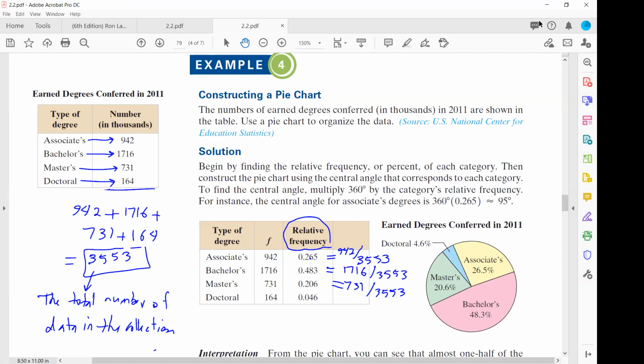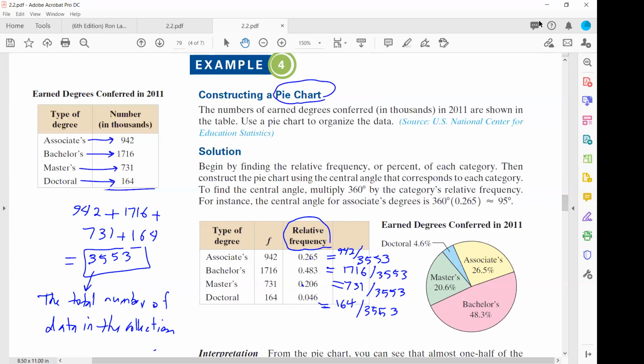And finally, the smallest proportion is for doctoral degree, 164 divided by 2895, which gives you 0.046, or almost 5%, which is the smallest section here. That's how you form your pie chart.